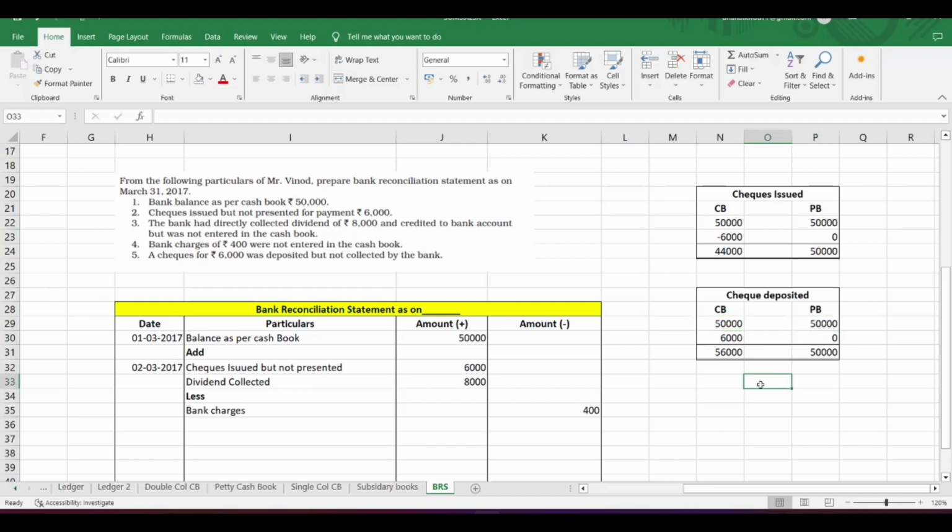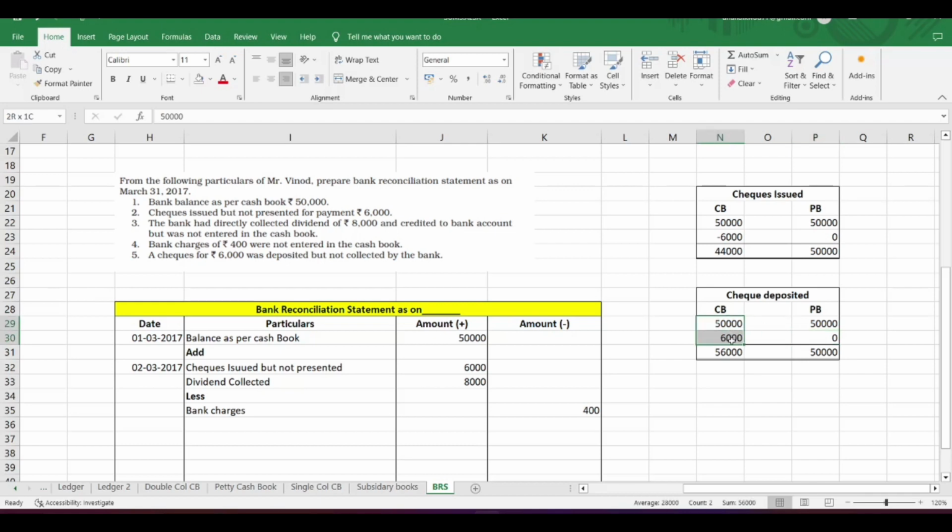So let us assume that our customers have paid us through a check of rupees 6,000, and when we are receiving the payments, we obviously add it in our cash book, but it is deposited in the bank, but the bank has not cleared the check. They have not collected the amount in our account. In that case, there will be no entry found for the same in the passbook, because of which there's a difference.